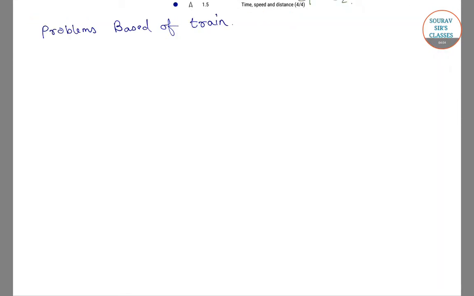Next, we will learn some important formulas to deal with the problems based on trains.